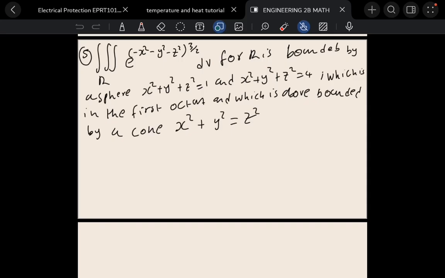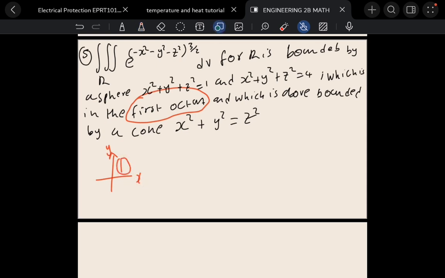draw this, another thing that must be considered is the first octant. When we say we are in the first octant, we mean we are on the first quadrant in the xy plane. We know that the xy plane is something like this, and this one is the first one.